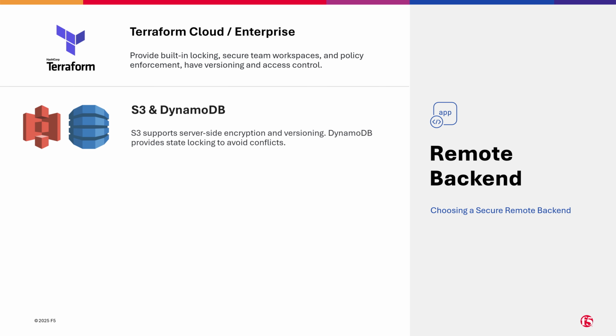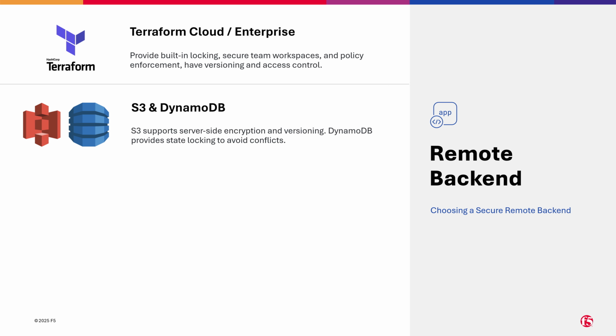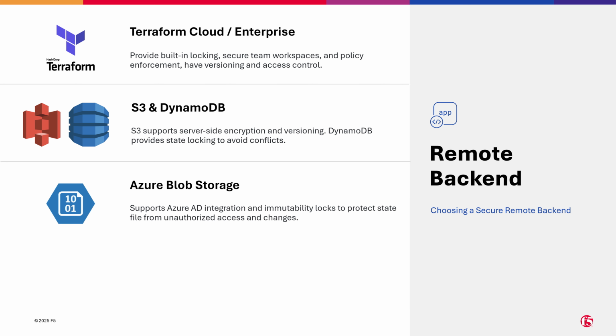For AWS users, S3 is a popular choice. It supports server-side encryption and versioning, which helps protect your state file. You can also use DynamoDB for state locking, which prevents multiple users from making changes at the same time. This is important for avoiding conflicts and ensuring that your infrastructure remains stable. Azure Blob Storage is another option.